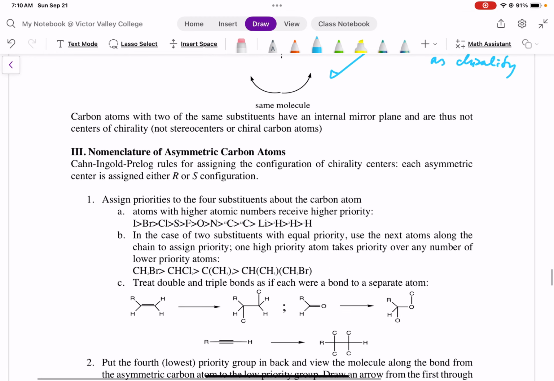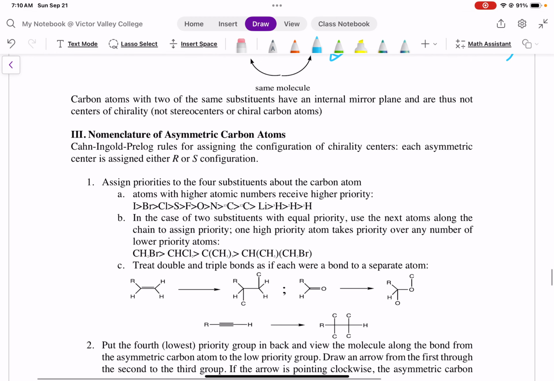Now, how do we do rotations, right? So we base it on the atomic numbers, okay? Like iodine is high. And if you have carbon, carbon, carbon, how can you tell, right? You look at the next one. So the next one is Br, so it's higher than Cl. Doesn't matter how many Cl you have.